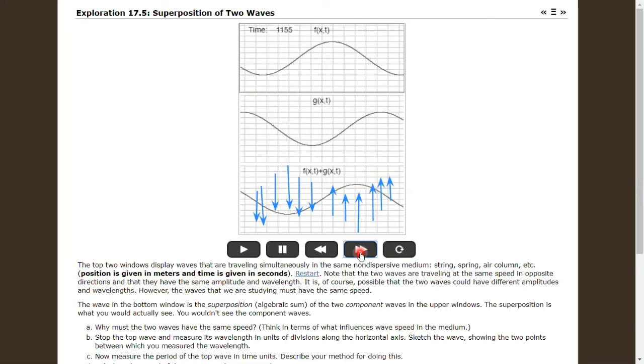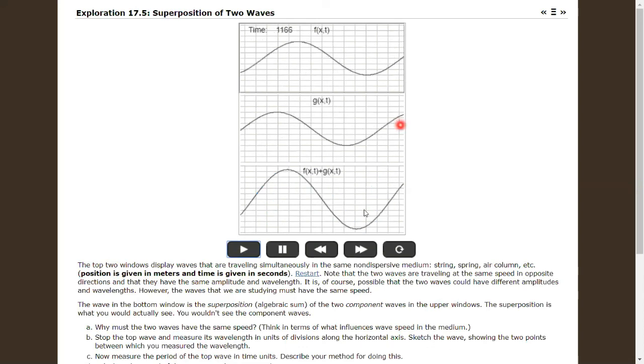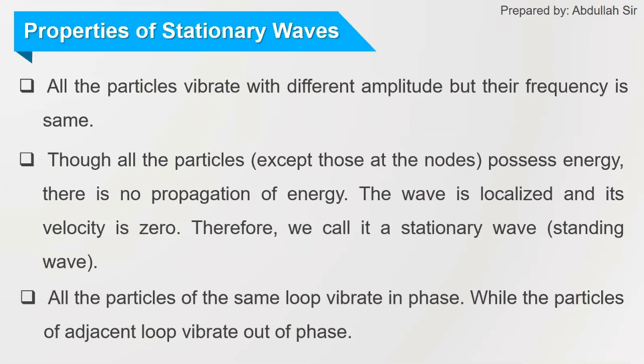So if they are moving in opposite directions, that is, in adjacent loops, then the particles will vibrate out of phase, and if it is the same loop, then the particles will vibrate in phase. So that's it. That is the properties of a stationary wave.